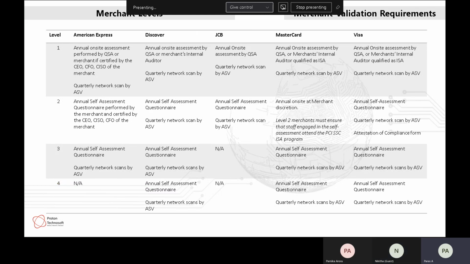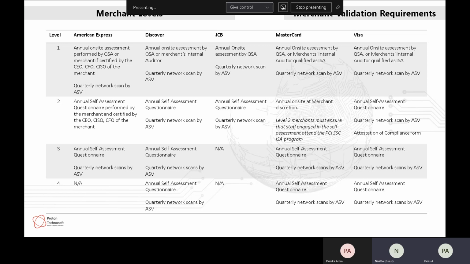So for instance, in level 1, American Express says if you are a level 1 merchant, you need to get an independent audit done by a QSA. QSA is a qualified security assessor. So you have to engage an independent auditor to do a QSA audit.